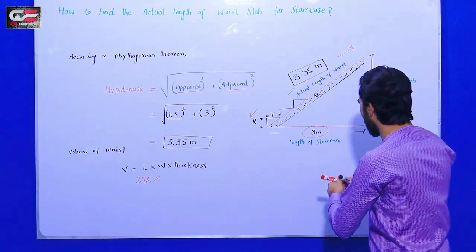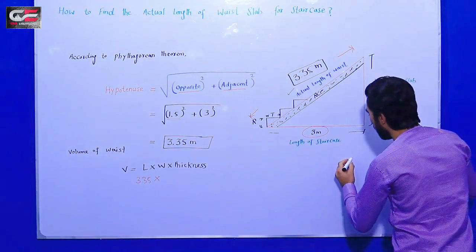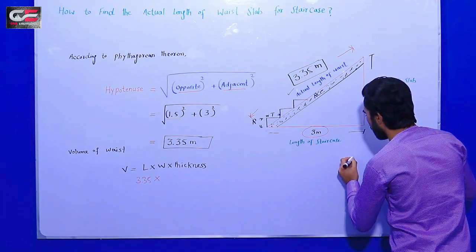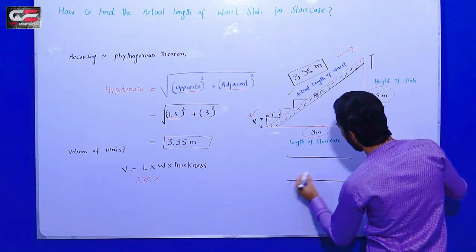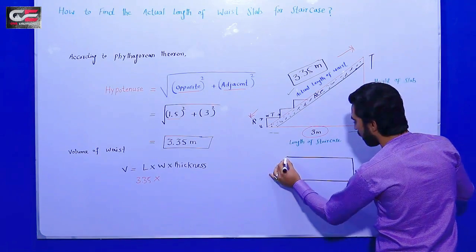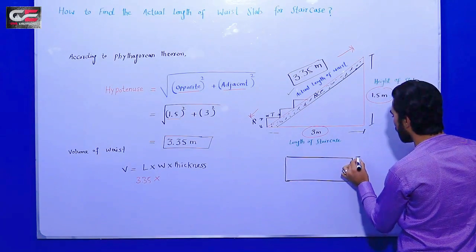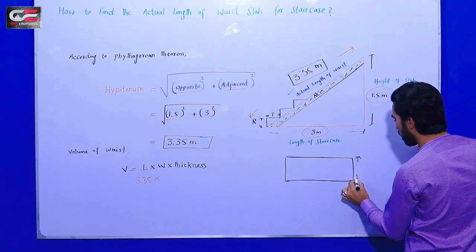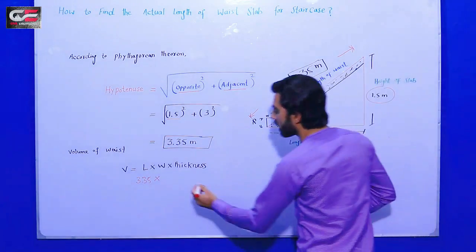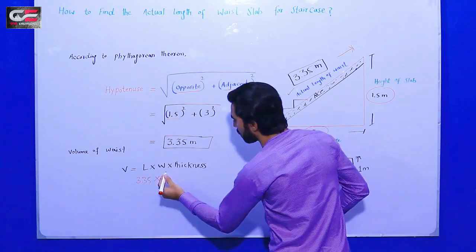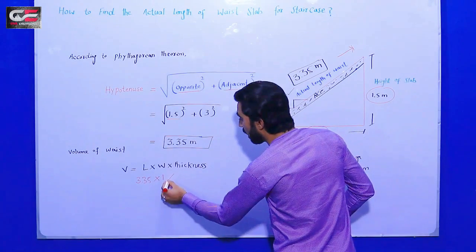The width depends on your staircase width, so you can use the same design. For example, I am taking the width as 1 meter. Now multiply by its thickness.